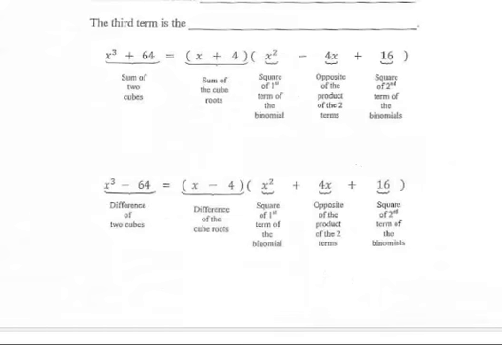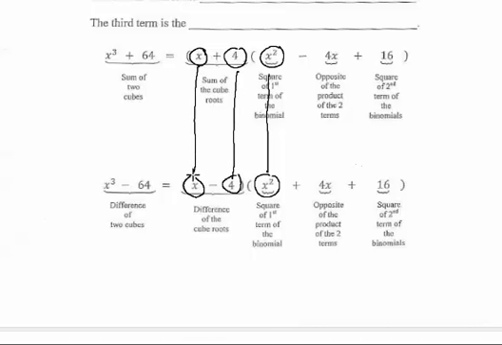So looking at these two figures at the bottom of the page, another thing that you want to point out are the signs. Notice that all of these terms are the same: x and x, 4 and 4, x squared and x squared, 4x and 4x, 16 and 16.